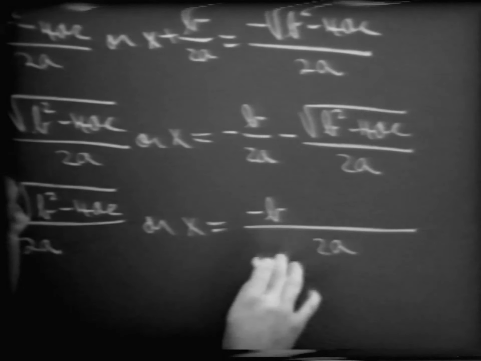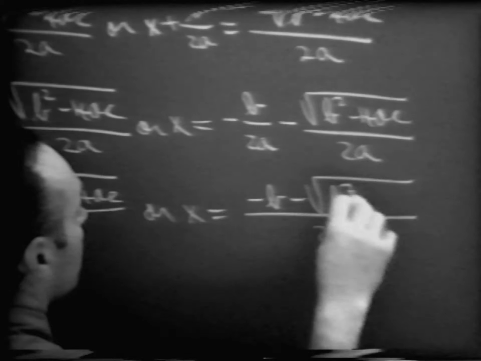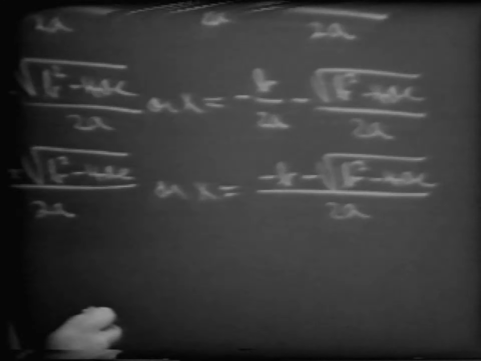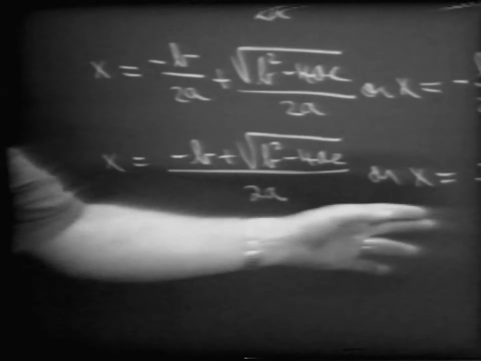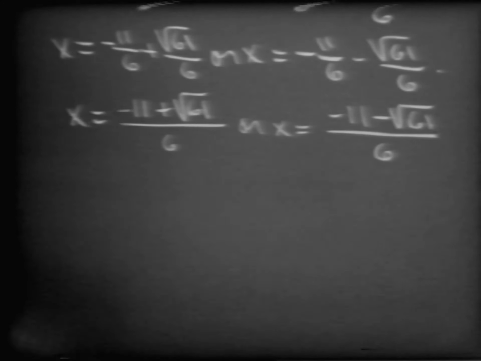The opposite of b minus the square root of b squared minus 4ac. Okay? Now, here we have our two values of x in the general case, and in fact over here we have our two values of x in the specific case.